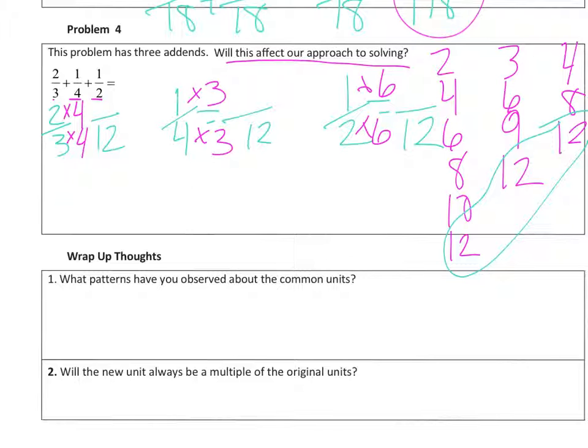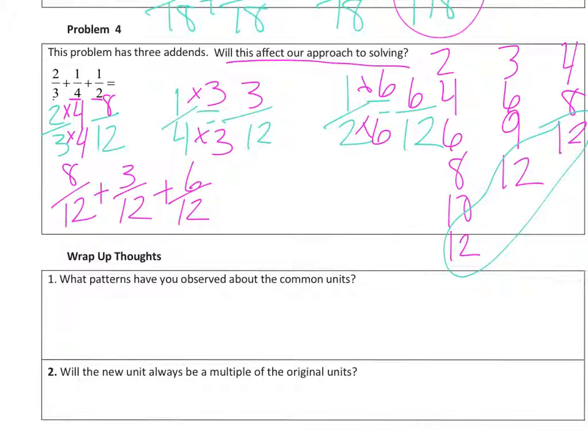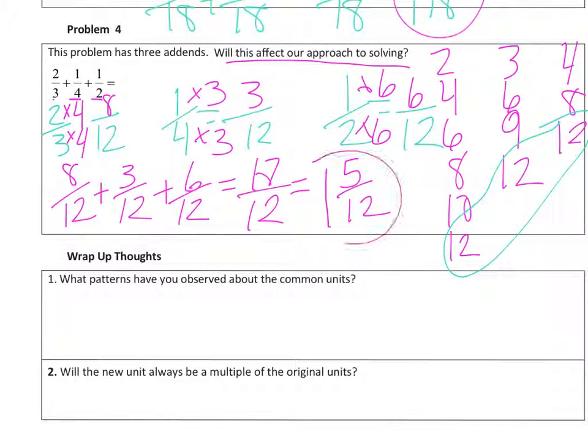So let's fill in our numerators. 2 times 4 is 8. 1 times 3 is 3. 1 times 6 is 6. So our new problem, we have 8/12 plus 3/12 plus 6/12 equals 17/12. So let's pull out 12 of those 12ths and turn them into a 1. And 12/12 taken away from 17 leaves us with 5/12 left over.